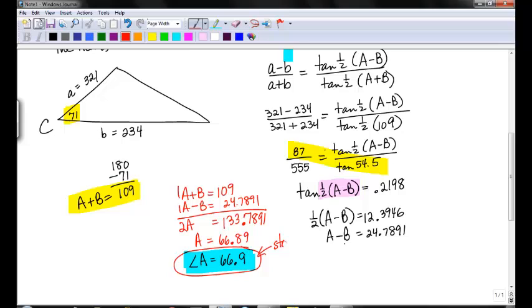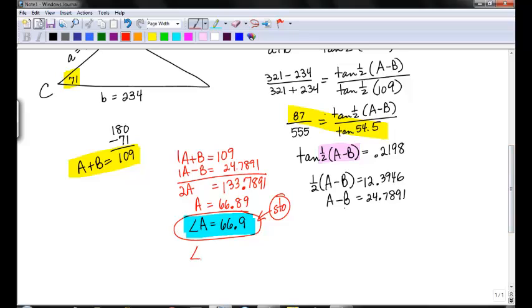You want to store that one as alpha A. Now you should have enough to get the other angle. If you add on the 71 and then take 180 minus that answer, I get 42, so that would be our angle B. Angle B would be 42.1 to the nearest tenth.